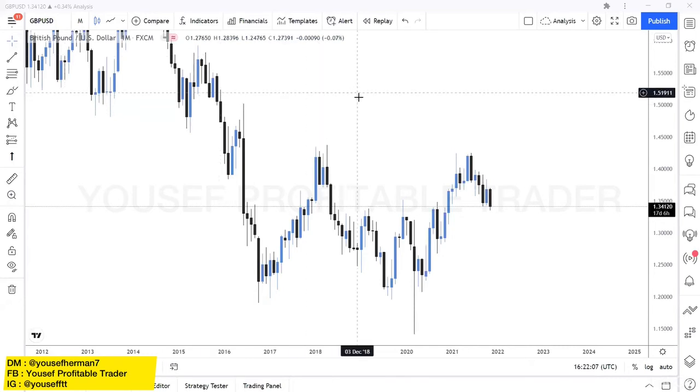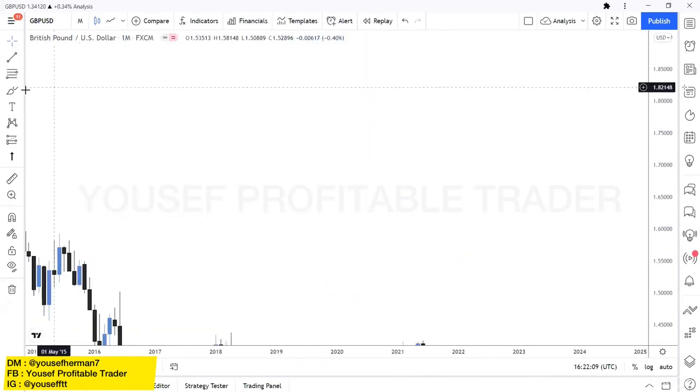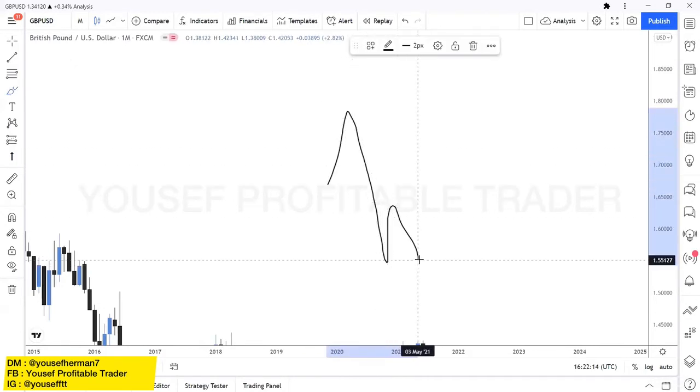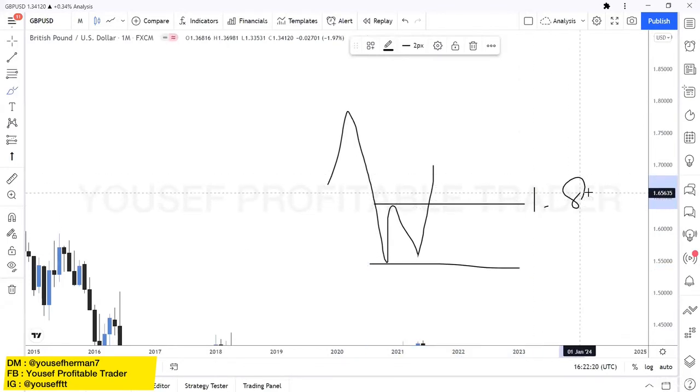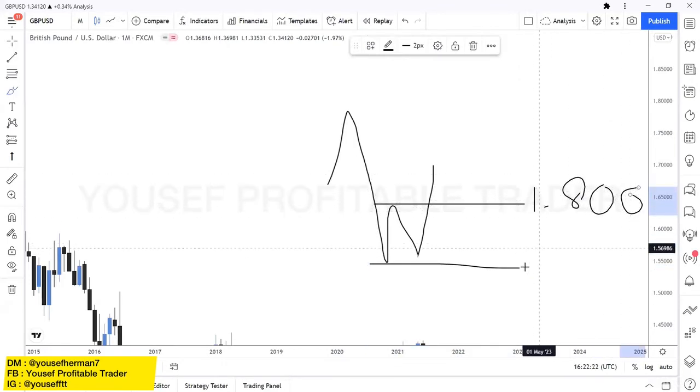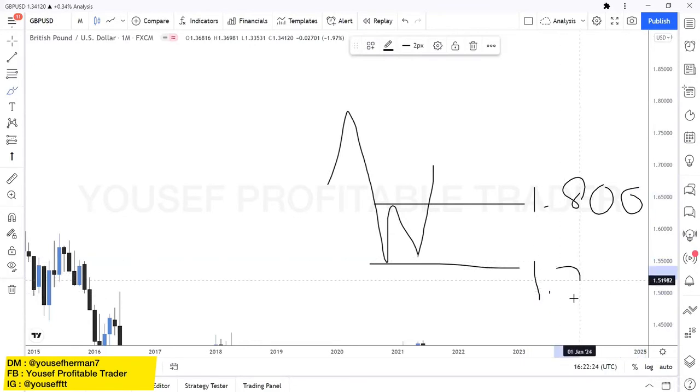Let's say if I give a range, and the price is moving like this, like this, like this, and then I give a range like this. For example, this is 1.800 and this one is 1.780.